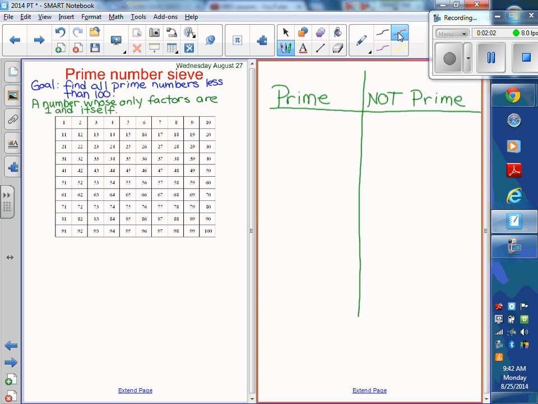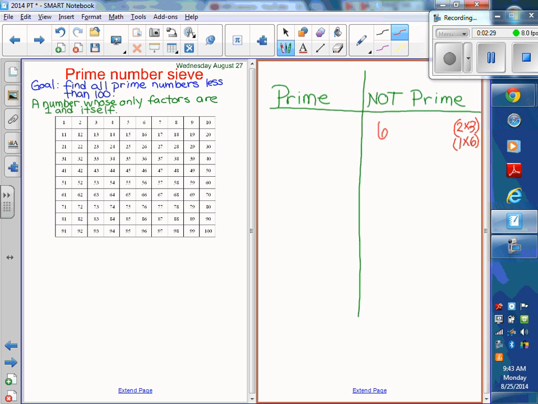First, I'm going to just take a number like 6. 6 is not prime because one way to get 6 is 2 times 3. Another way to get 6 is 1 times 6. So 6 has 4 factors. Since 6 has 4 factors, it can't be prime.